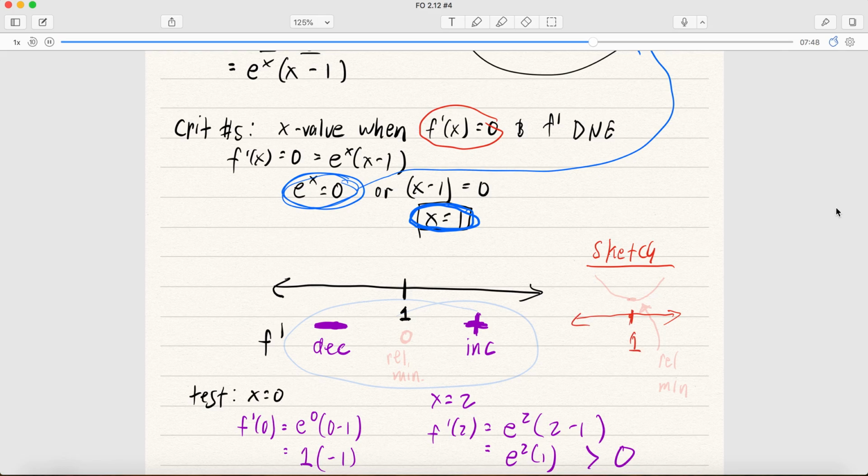I know that before 1, the function is decreasing, so it's probably going down. At 1, we know that the derivative was 0, so that means there's a flat point. And then after, it's increasing, so it's going up. So what does that make this critical number right here? That makes this a relative min. Okay?